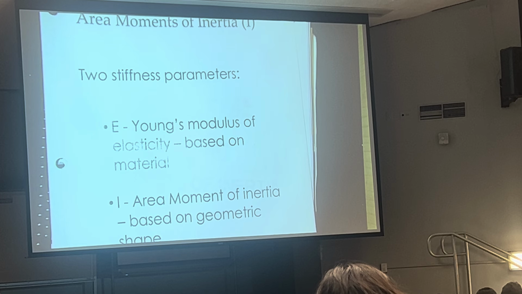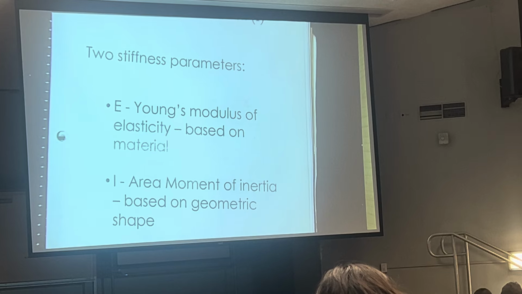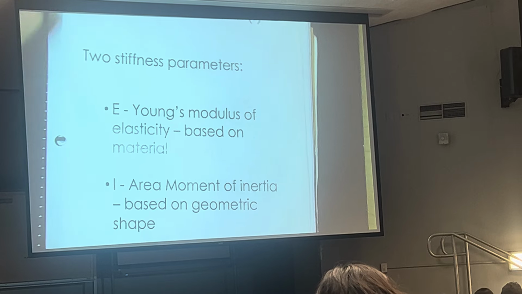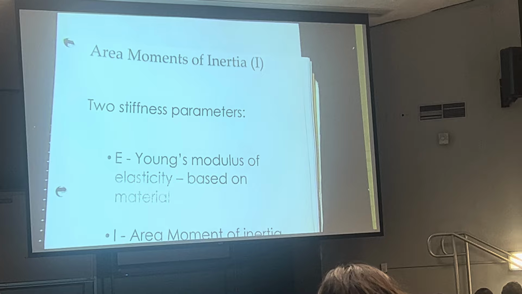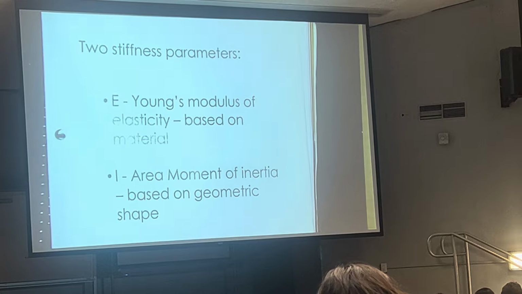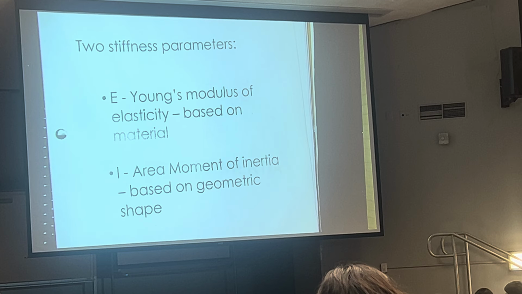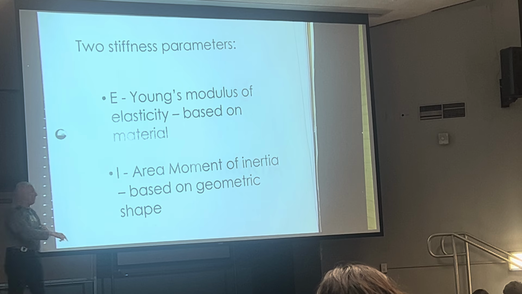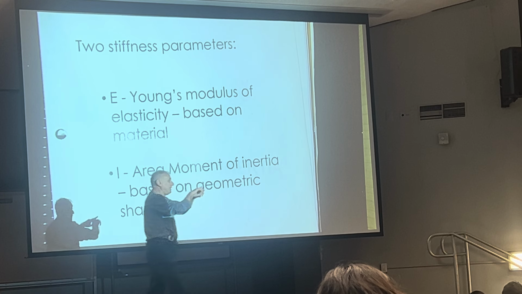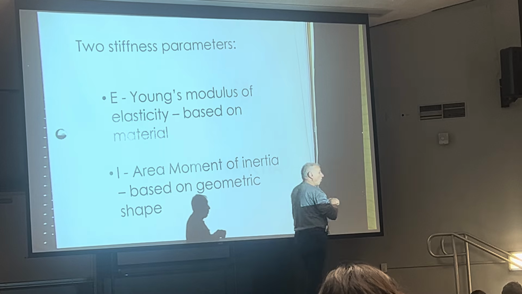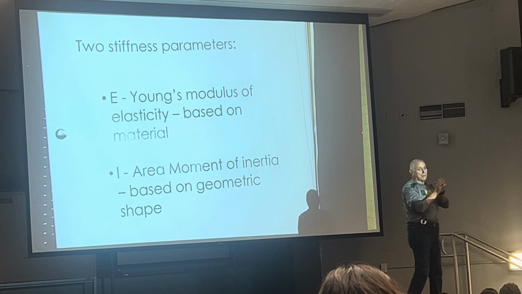I is another stiffness parameter based on the geometric shape. So a 2x4 is going to have a different I value than a T shape or an I.